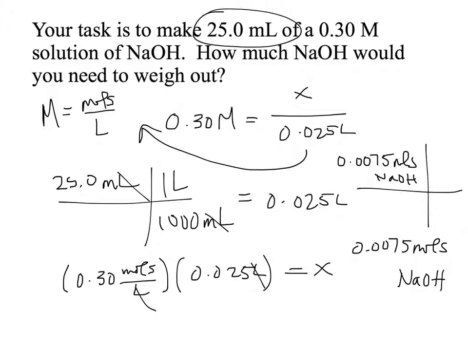And so the moles need to go on bottom, so they cancel. I'm going to put 1 mole of NaOH and its molar mass. If I add up sodium and oxygen and hydrogen, that ends up being 40 grams. And so if I take 0.0075 times 40, you get, with sig figs, 0.30 grams of NaOH needs to be weighed out and diluted.